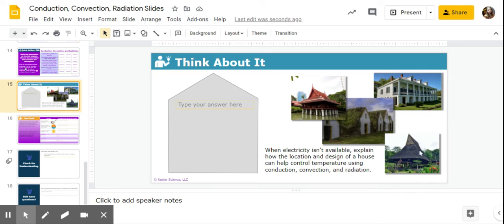Think of the things about radiation, how it comes down and heats up. Conduction, direct touch, heats up. What things can you do to make those things heat up your house or cool it down? Or convection, hot air rises, cold air sinks. You're going to type what you think here.